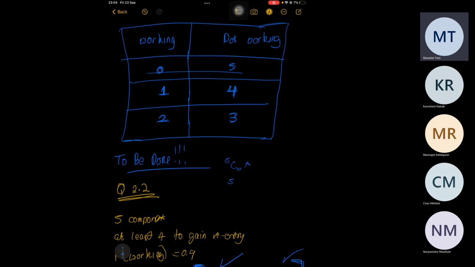So you have 5 components and you want to choose 5 that are not working, then times the probability of not working. Then you get it, then you move. I'm not sure if it makes sense. 5 choose 3, yeah, it's the same thing actually. So that's how you go about this one. You can try this one out, and if you have any questions, you ask me and I'll try to address them.